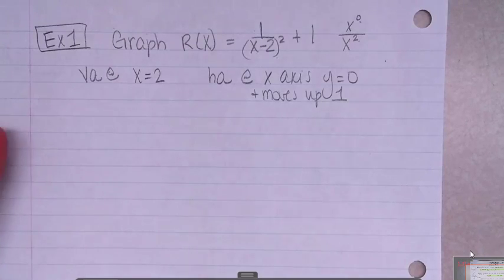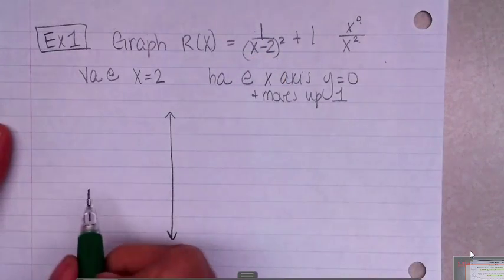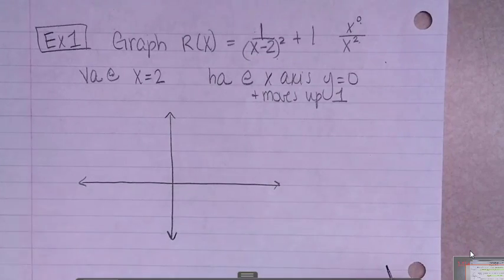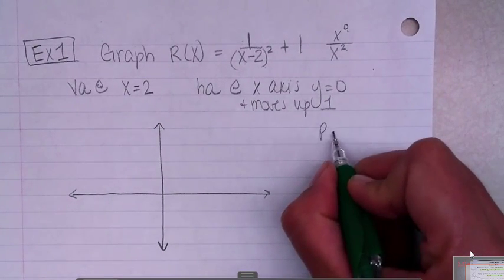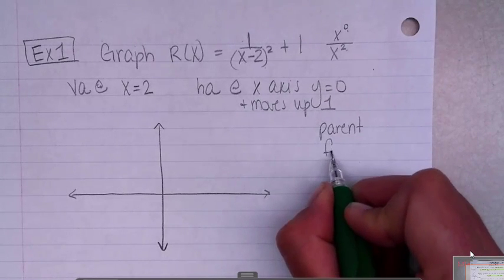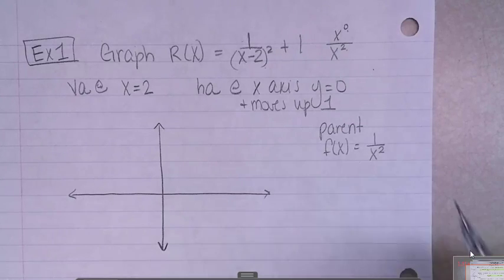Now, having an idea of what this parent graph looks like, let's think about the parent. That's going to be f of x equals 1 over x squared.